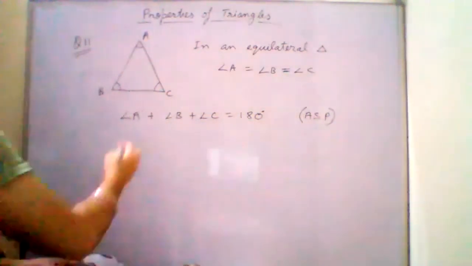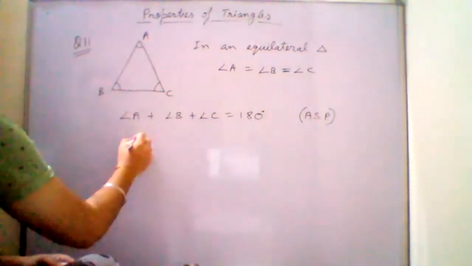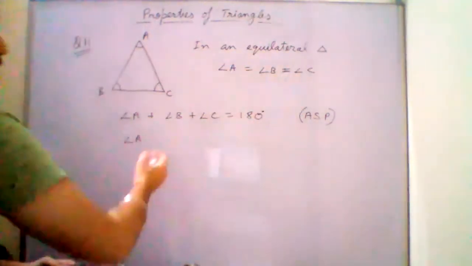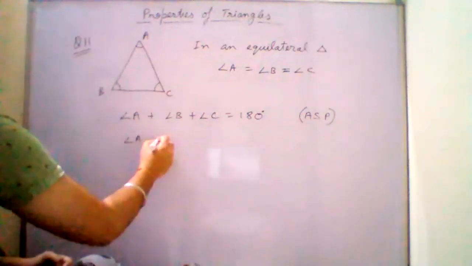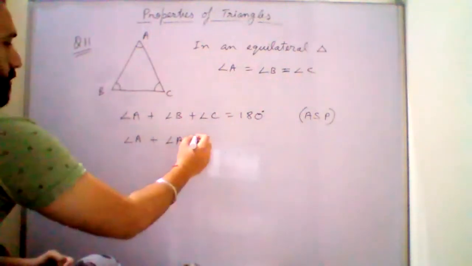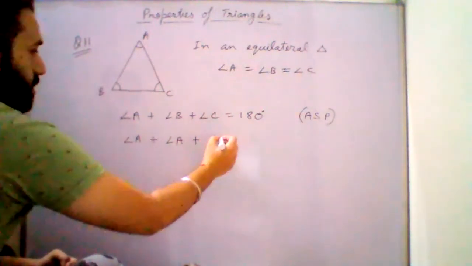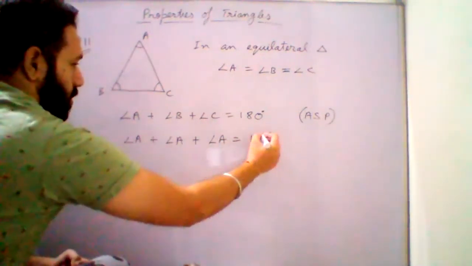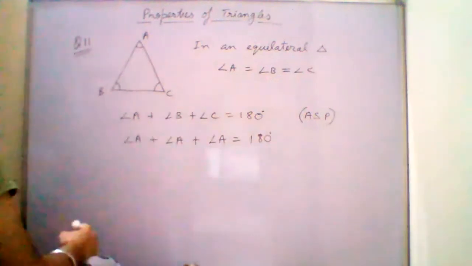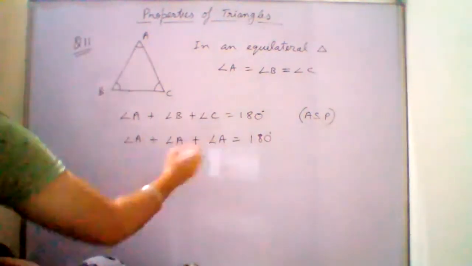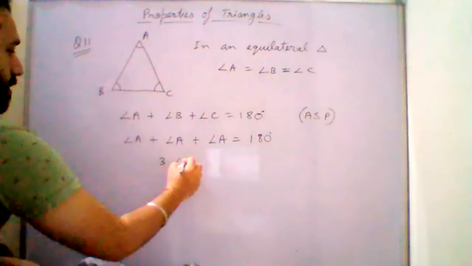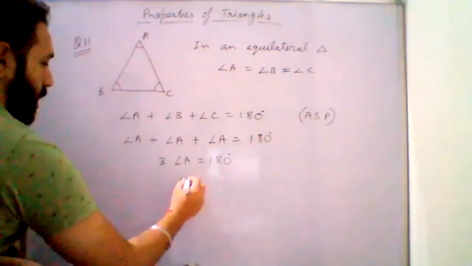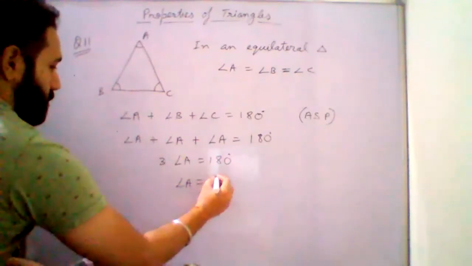Now in place of angle B and angle C, since all the three are equal, I am simply writing angle A. So angle A plus angle A plus angle A becomes 3 angle A, equals 180. Therefore, angle A is equal to 60 degrees.